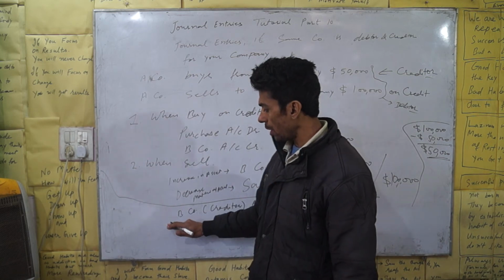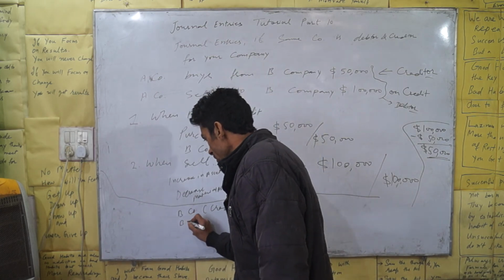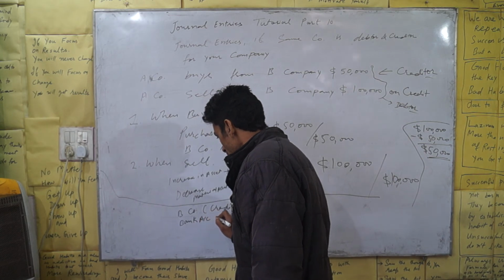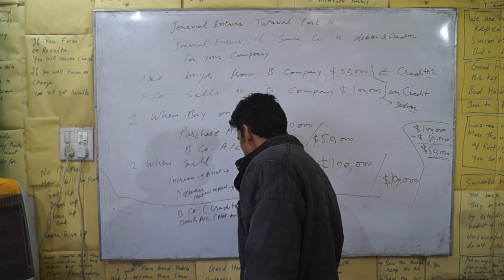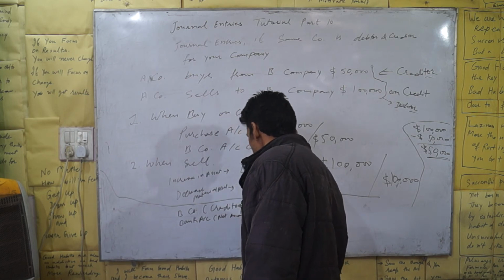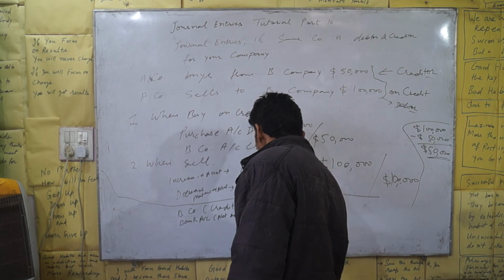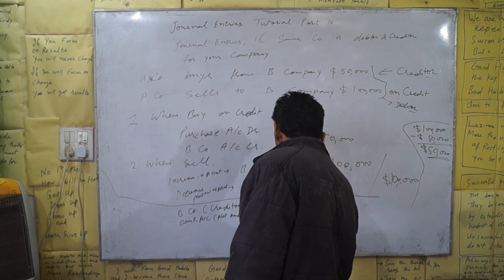It means we have paid. Okay, and after this we also get a bank account, net amount received. Account debit. This is also 50,000.